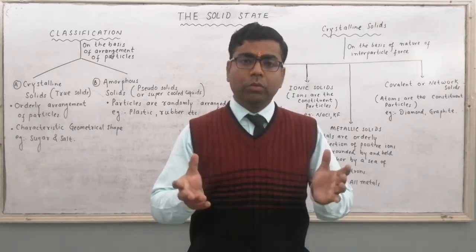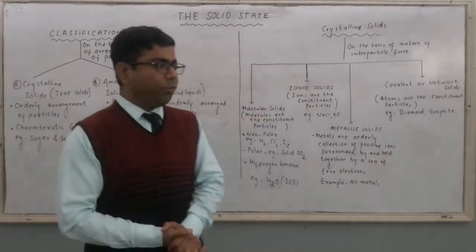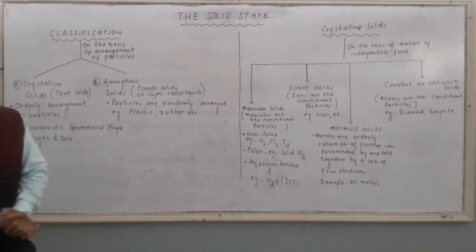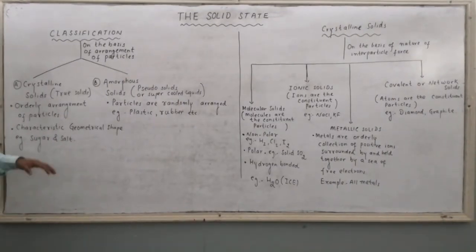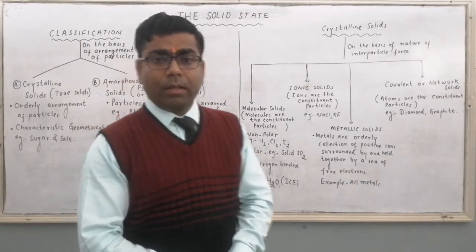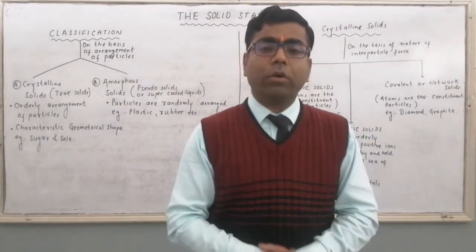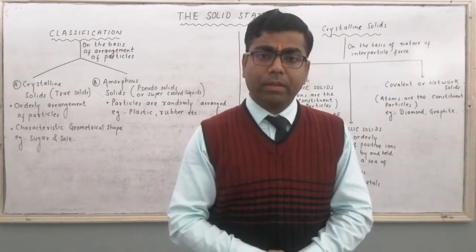Now move to solids. So here first we have the classification of solids into two types. First one is crystalline solids and second one is called your amorphous solids. Crystalline solids are having orderly arrangement of the particles.